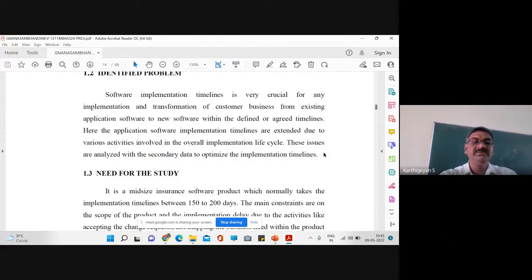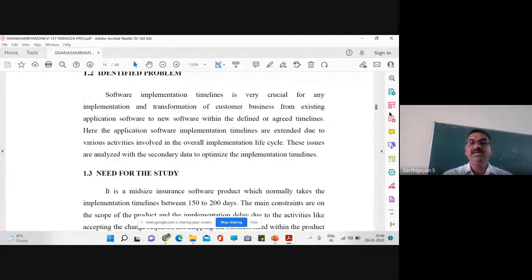cycle. So, whenever there is a software development, there is a software development life cycle. Okay, so it starts from collecting the data till completion of the project. That is deployment of the project, implementation of the project. So there are various steps in the software development lifecycle. So the timeline is extended due to so many reasons. These issues are analyzed with the secondary data to optimize the problem.